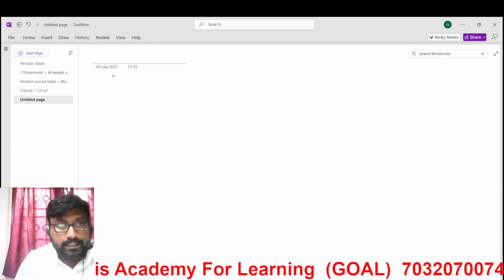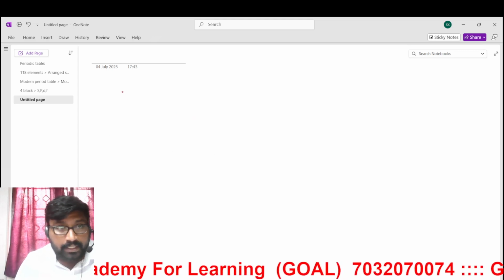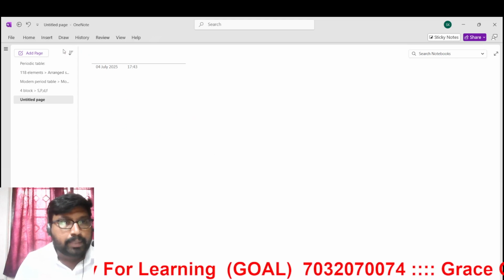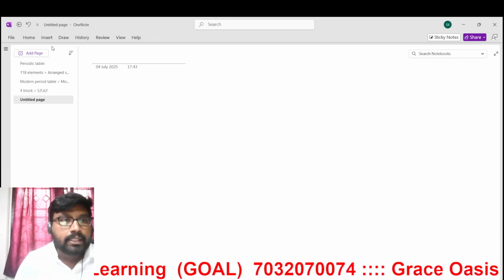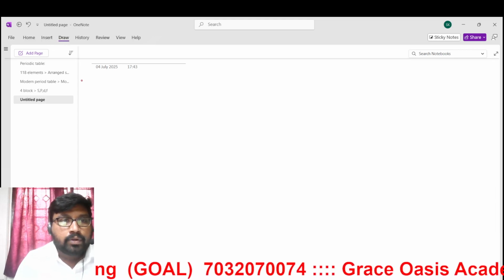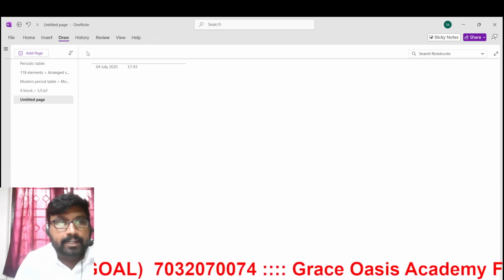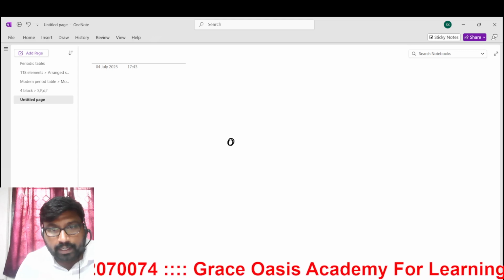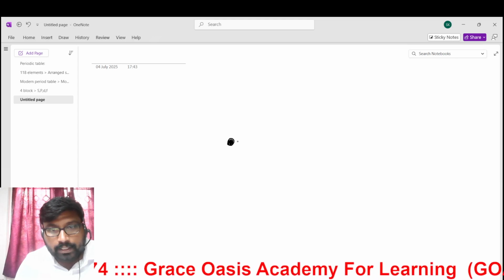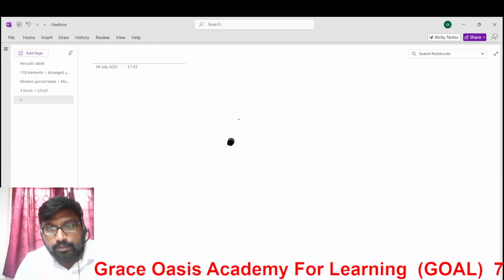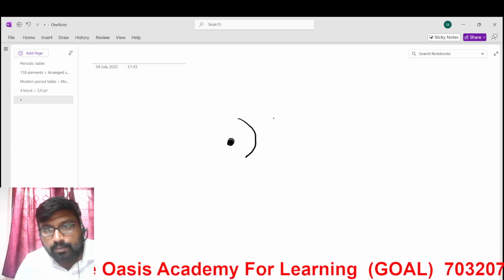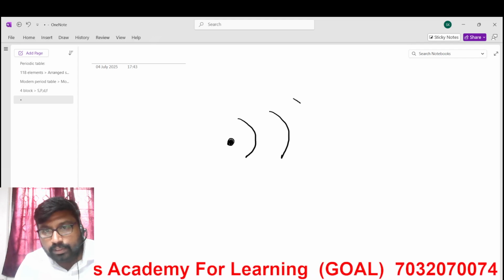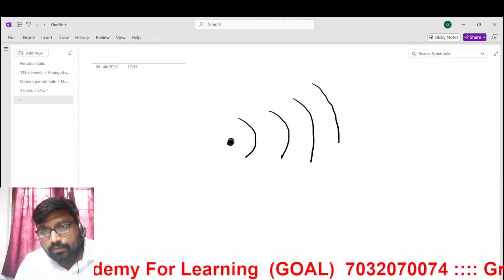Okay, right. In any particular atom, any element, we can divide it into shells. For example, if this is the nucleus of an atom, there will be shell number 1, shell number 2, shell number 3, and shell number 4.